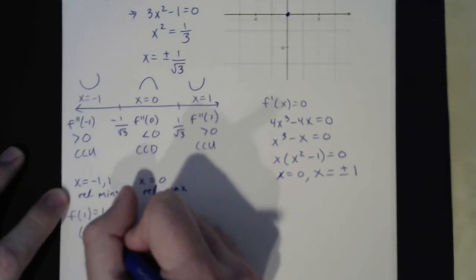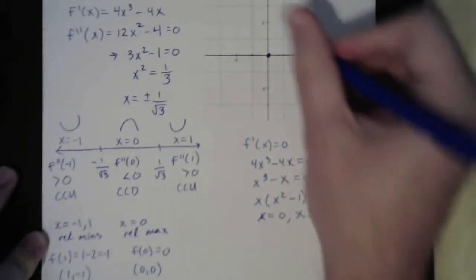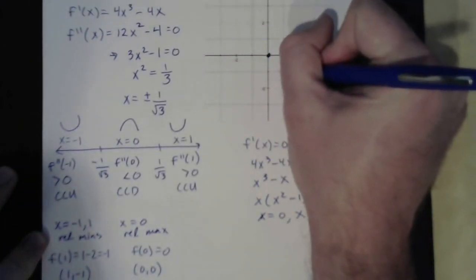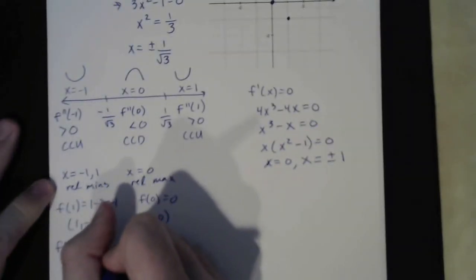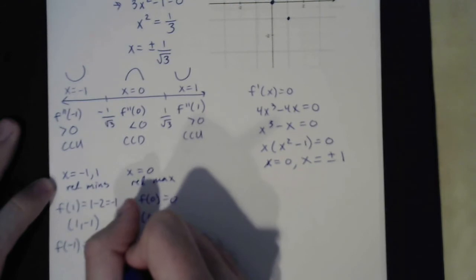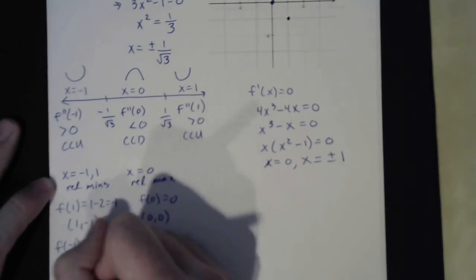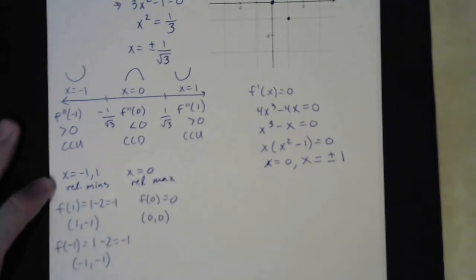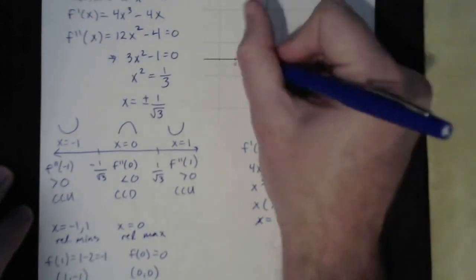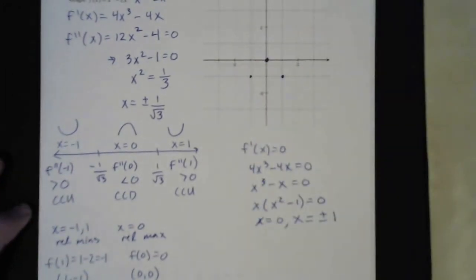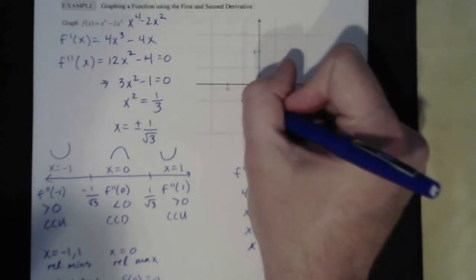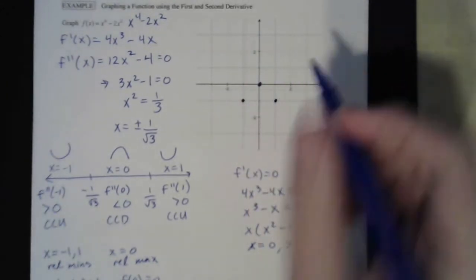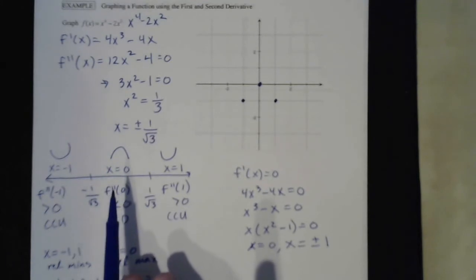So we have the point 1, -1 that we can plot. And f of -1 is also going to be 1 minus 2, which is -1. So we have -1, -1, and we can plot that point. So this gives us a good starting point, pun intended here. And all we have to do is match concavity.